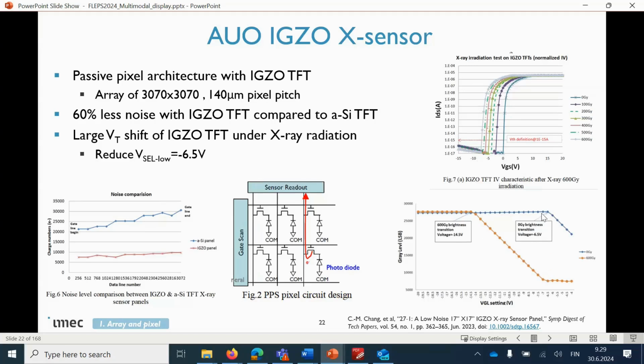Here you can see the readout in dark condition and in radiation condition. You have a pretty good dynamic range here, achieved by biasing it with minus 6.5.